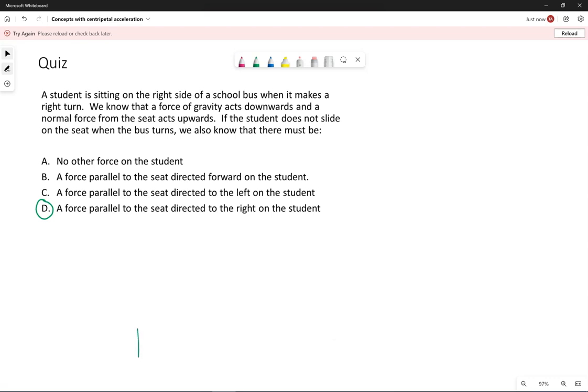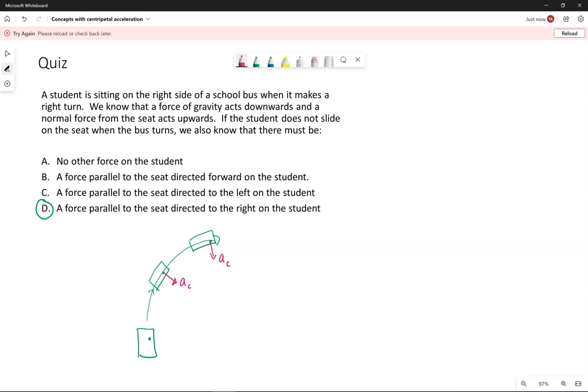So if we imagine we could somehow see this child on the seat as this bus is going to make the right turn, and we're saying this child is not sliding on their seat, that means there has to be some sort of force that causes the child to turn with the bus.